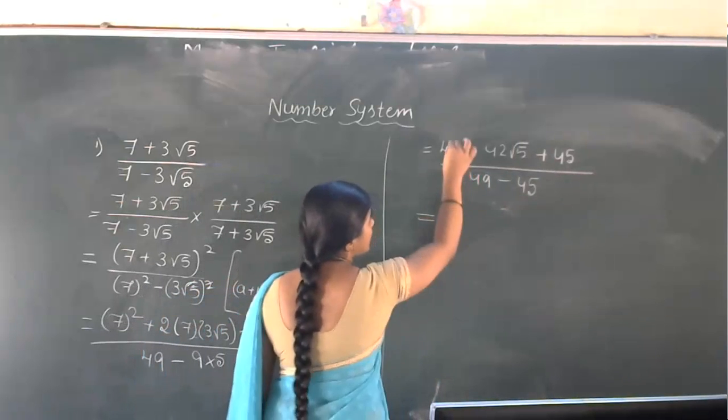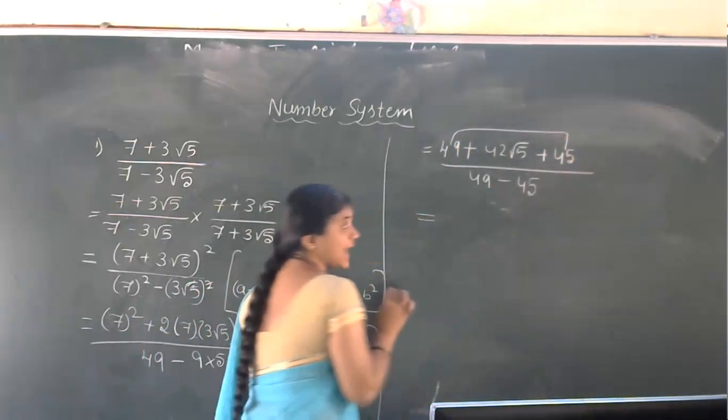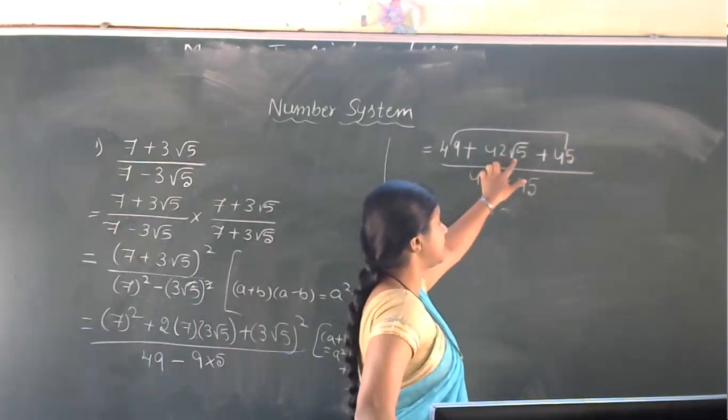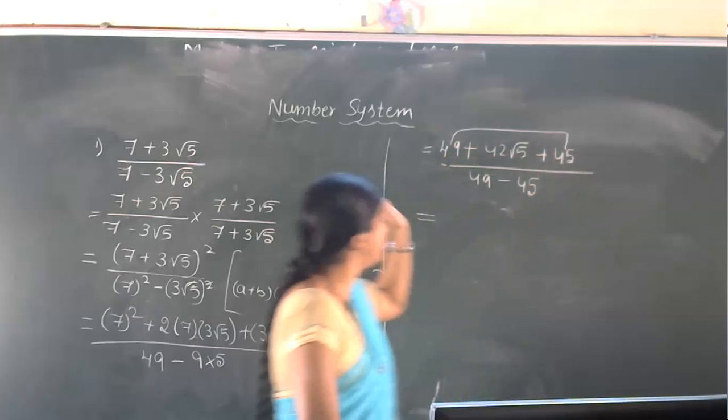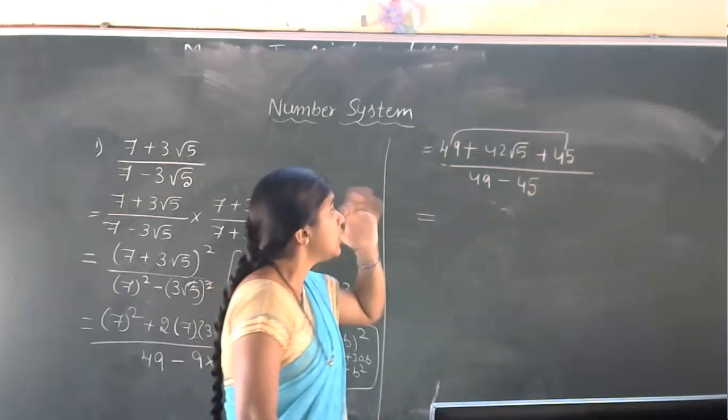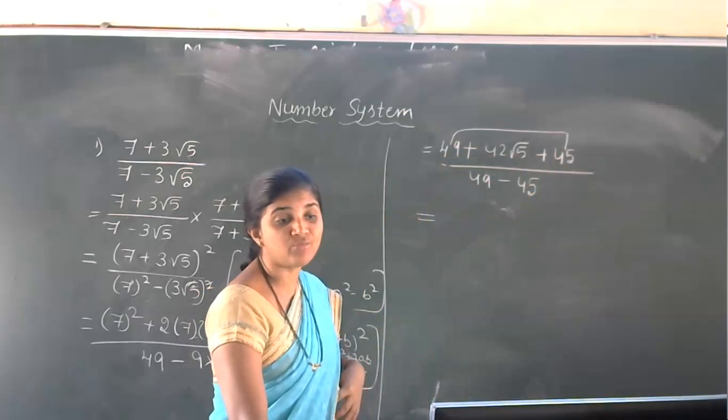Next. Here 49 and 45 we can add, no? We cannot add this 42 root 5 with these numbers, because these numbers do not contain any root 5. So now 49 plus 45, how much?